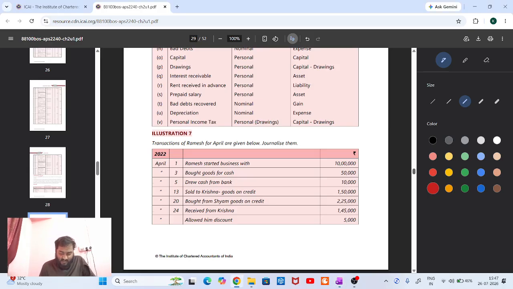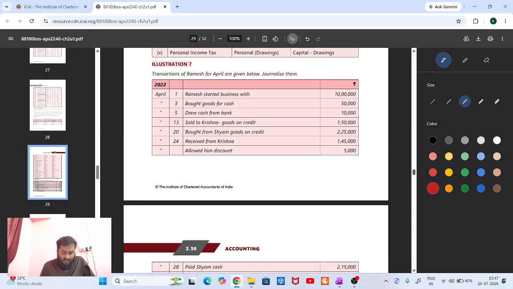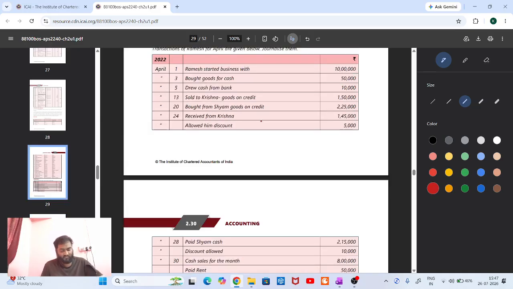Illustration number 7. What is it? I think you can do this at home. Yes, these are all normal general entries, right?